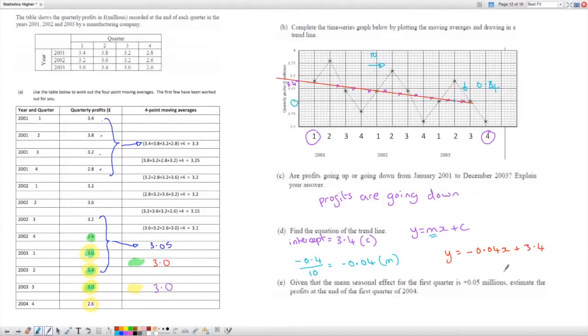We're then told that given the mean seasonal effect of the first quarter is plus 0.05 millions, estimate the profits at the end of the first quarter of 2004. So here we can see we are looking here at the difference. We need to extend our trend line.